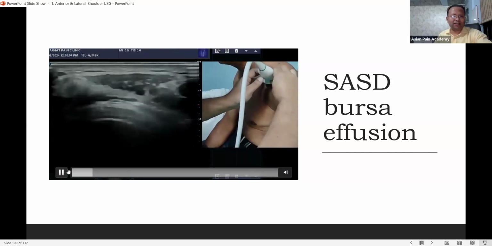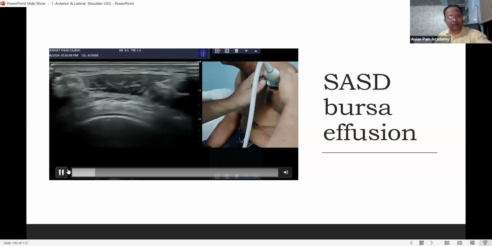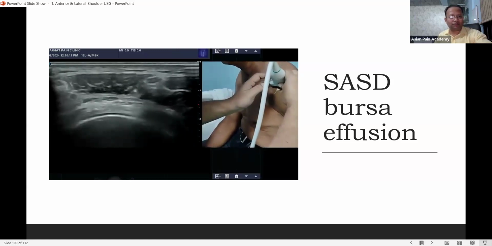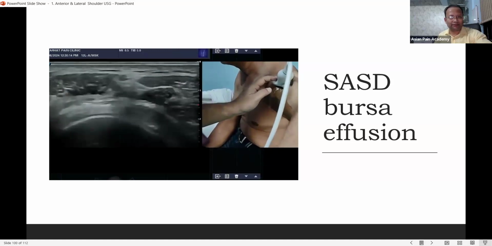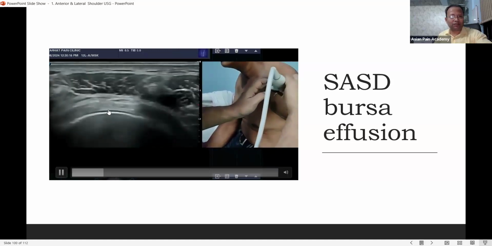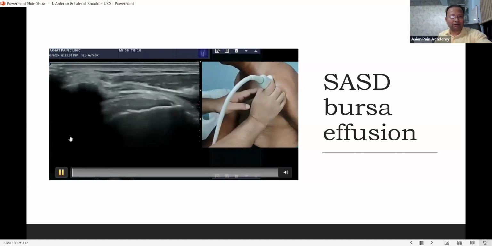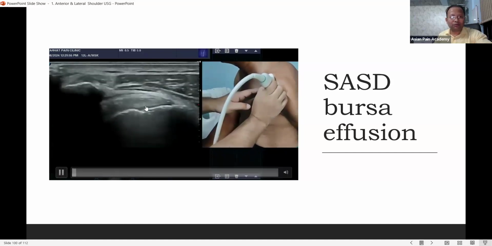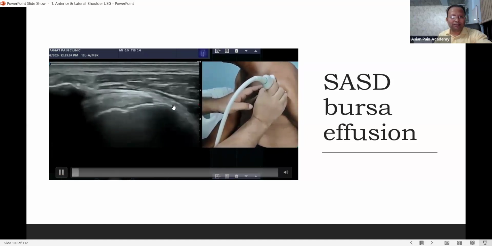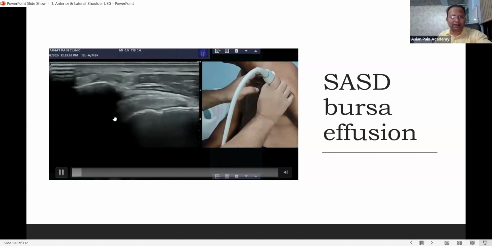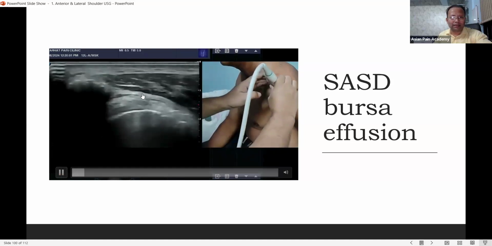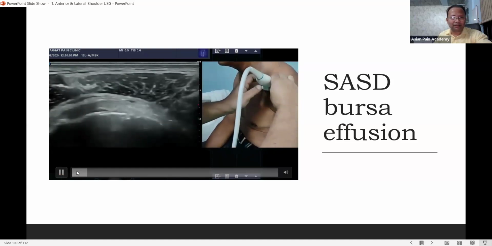Can you find where the subacromial bursa effusion is? Now it is a short axis of supraspinatus. This is a long axis of supraspinatus, bird beak appearance. This is the greater tuberosity, neck and head. This is the acromion, and this area is the bursa.